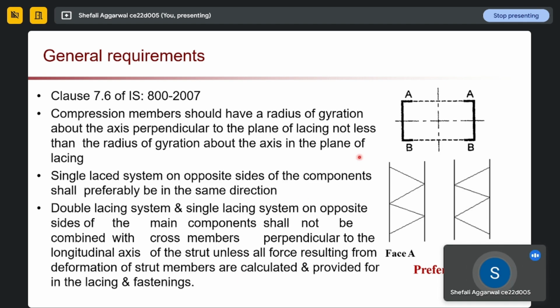So we should not provide extra cross links between two lacings at the opposite ends of our compression member.